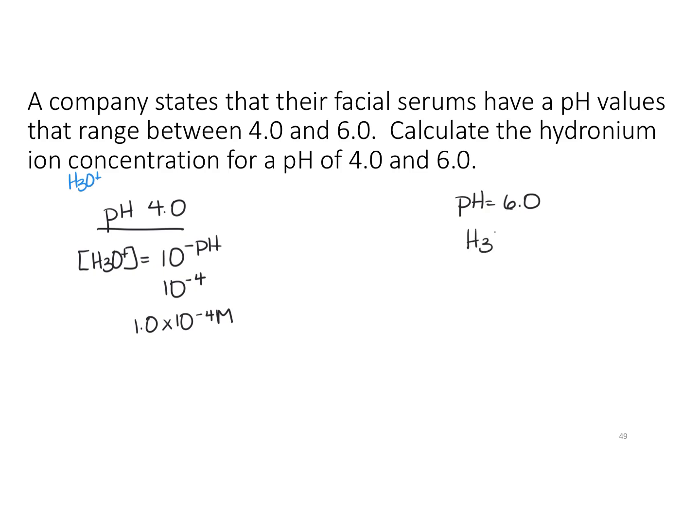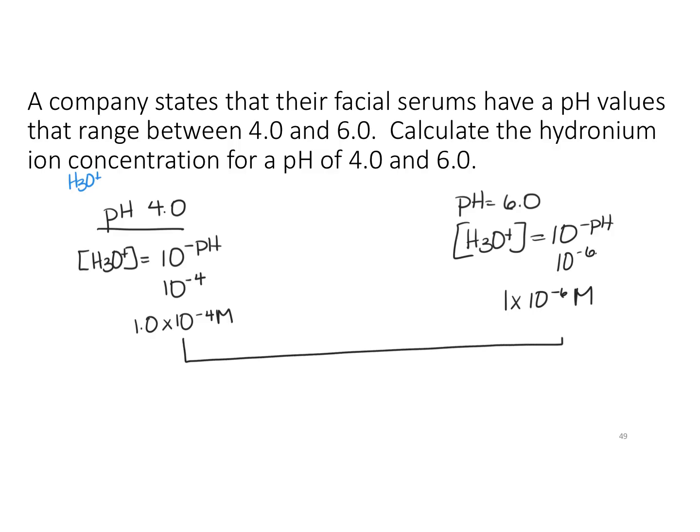Let's look at pH equals 6.0, okay? We've got an H3O+ concentration equals 10 raised to the negative pH. So we'll go 10 raised to the negative 6, right? And that gives us 1 times 10 to the negative 6 molar.